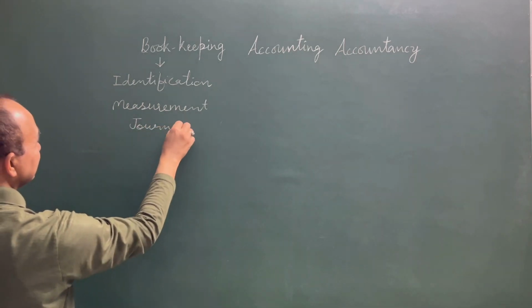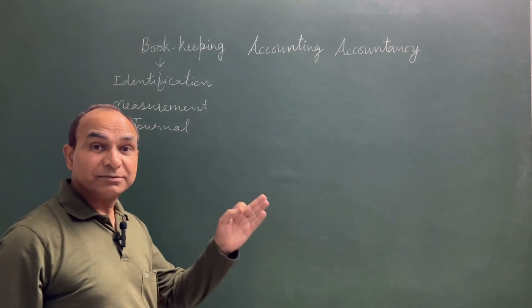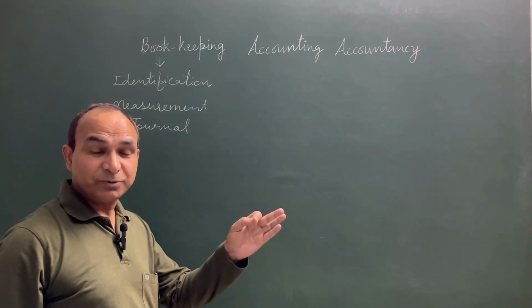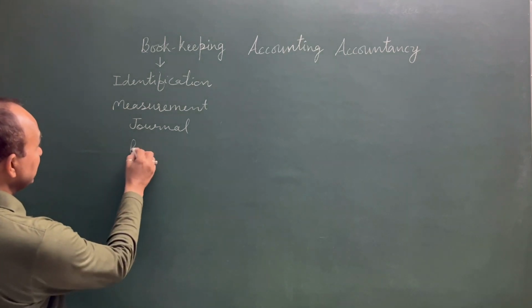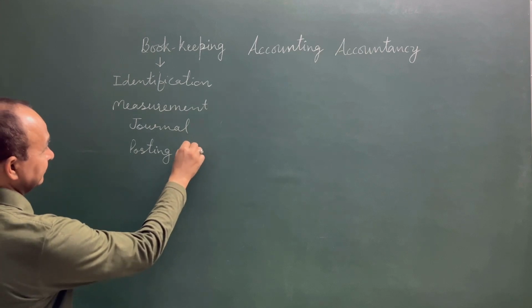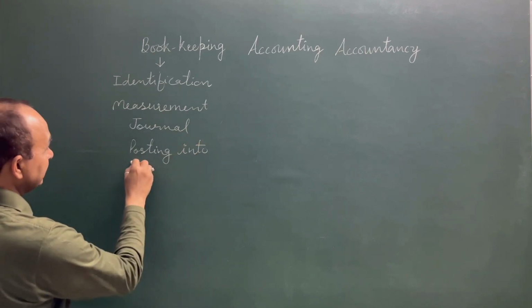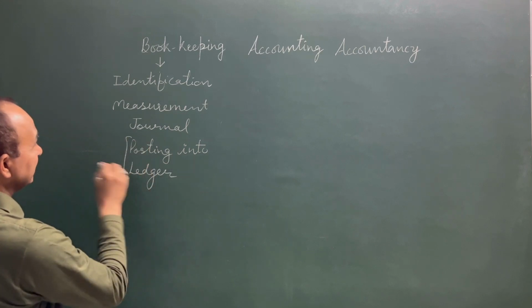Journal simply means recording in journal or journal proper and subsidiary books like cash book, purchase book, sales book. Then their posting into ledger, that is called classification.